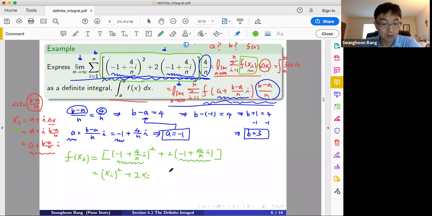For the next one, replace xi by x. So what's that? Here, f of x is, replacing xi by x, x squared plus 2x. So, was it like an integral form?